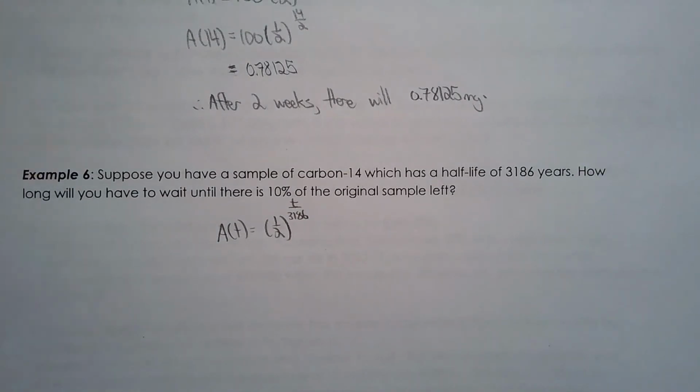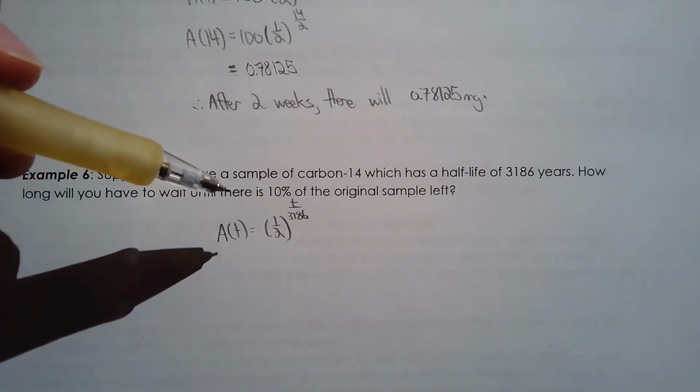And if you want to wait until there's 10% of the original sample left, even though I don't know what the answer is exactly, it's a long time. It's a long, long time. Because just to reach 50% of the original sample, it's 3,186 years, right? To do 25%, you need 2 half-life periods. Oh my goodness, that's double of 3,186 years.